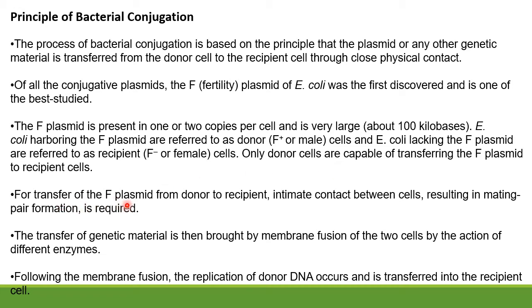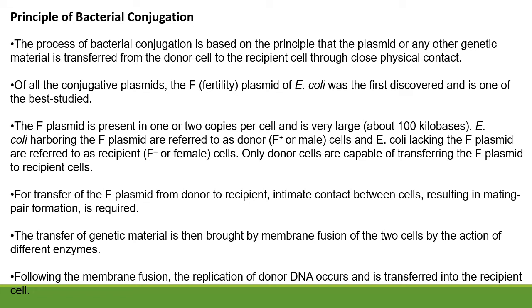So for transfer of F plasmid from donor to recipient, intimate contact between cells resulting in mating pair formation is required. The transfer of genetic material is then brought by membrane fusion of the two cells by the action of different enzymes, and following the membrane fusion, the replication of donor DNA occurs.